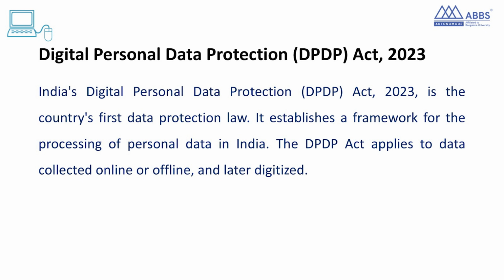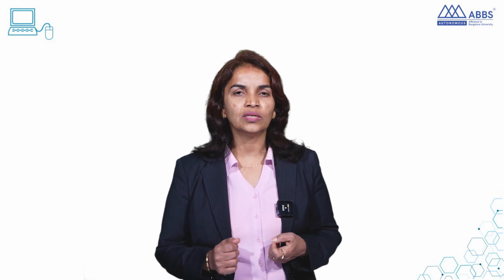Until a few years ago, we were following the European Union's GDPR, the General Data Protection Regulation. Now, the Indian law has been designed and implemented according to the needs of business and individual data protection requirements.